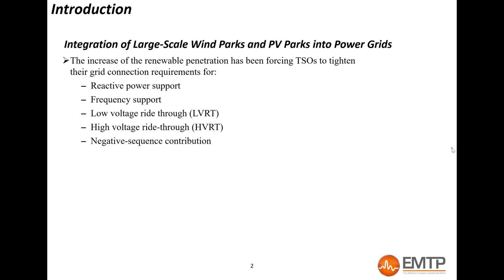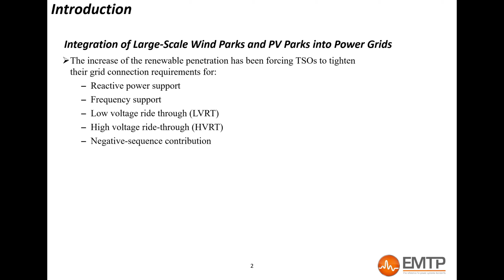As an introduction, and I guess everyone watching this video is aware of that, the increasing penetration of renewable energy like solar parks and large-scale wind parks comes with many challenges. Those challenges have been forcing TSOs to modify their grid connection requirements, and new requirements came out like reactive power support, frequency support, low voltage ride-through, called LVRT, and high voltage ride-through, HVRT or OVRT.